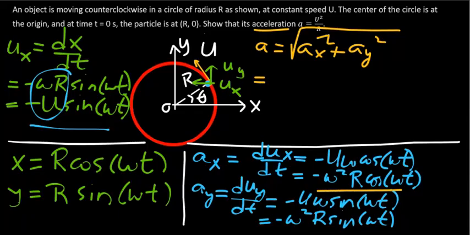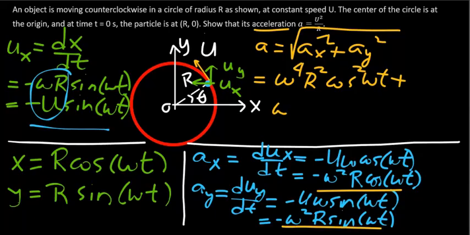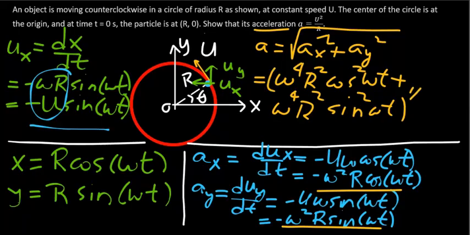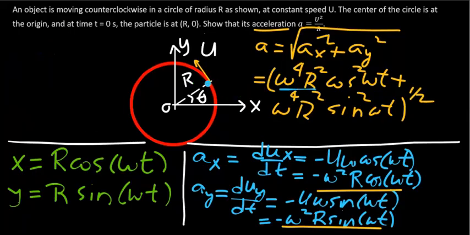The square of this will be omega to the power of 4 r squared cosine squared omega t plus, and then the square of that would be omega to the power of 4 r squared sine squared omega t. Note, you have to take the square root. You can take these two terms out of that square root sign.